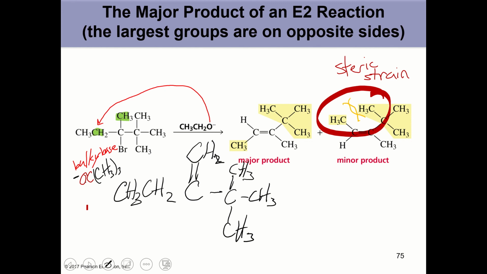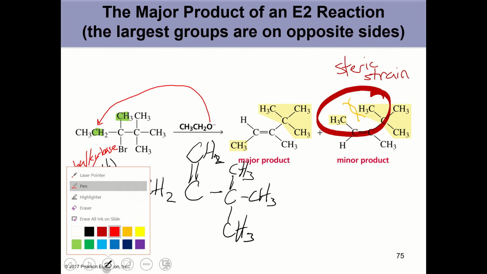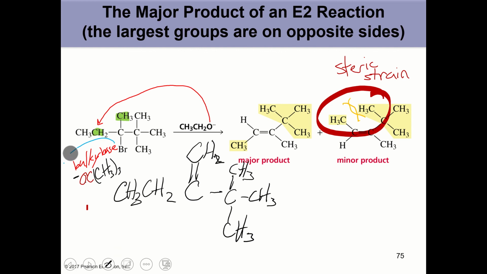But this bulky base, what the bulky base would do is to remove a hydrogen from the less substituted beta carbon because the base is sterically hindered. It cannot approach the more substituted carbon because the more substituted carbon is more sterically hindered.